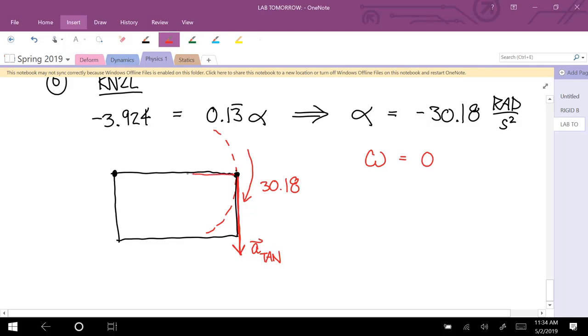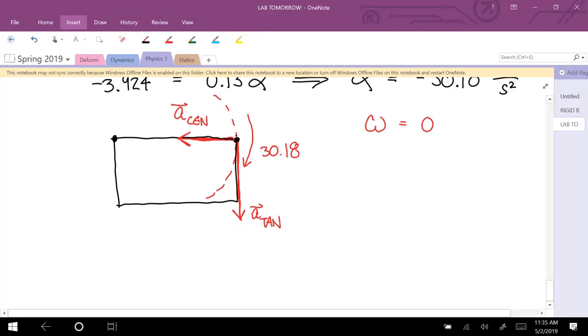Centripetal is toward the center, but we're going to see that it's 0 because there's no angular velocity. So now we're back into stuff that we know well. We've done problems like this before.